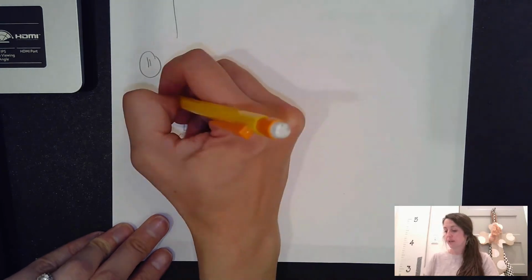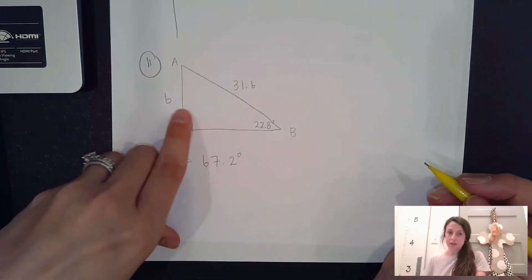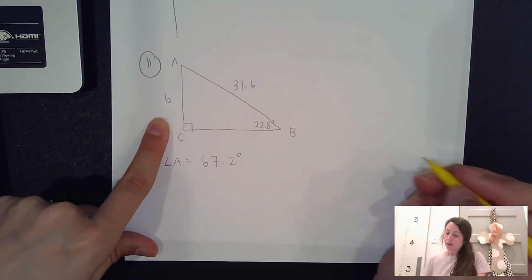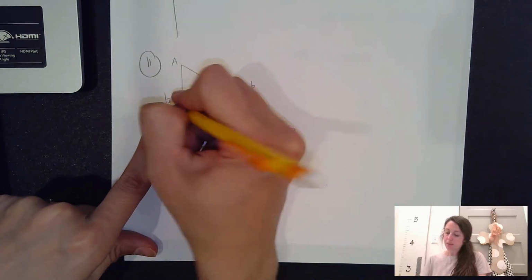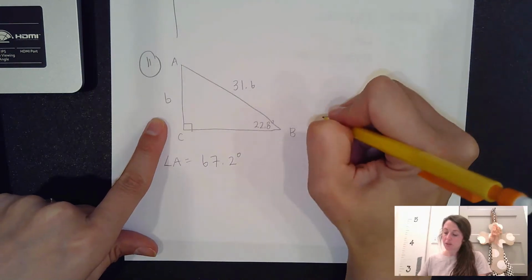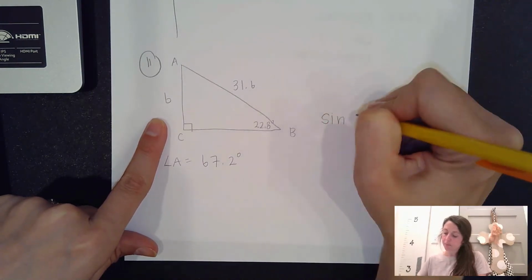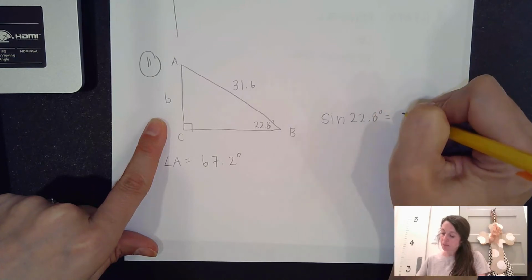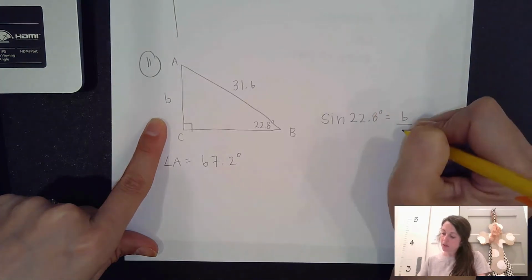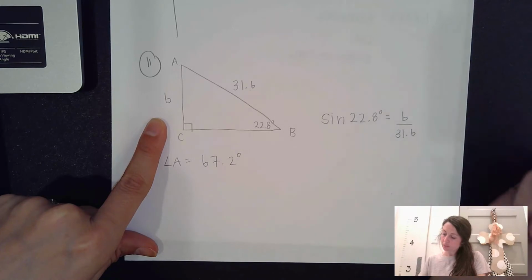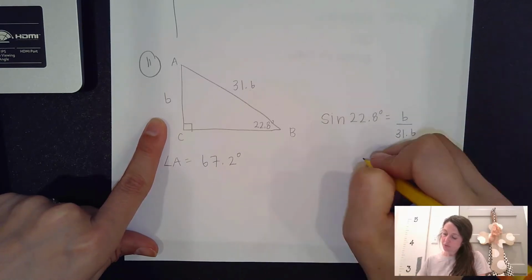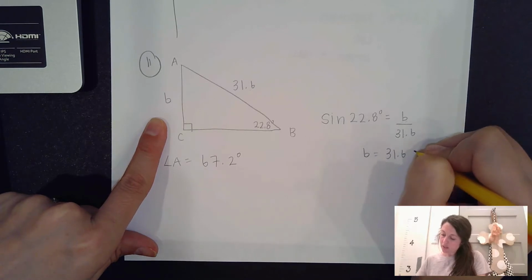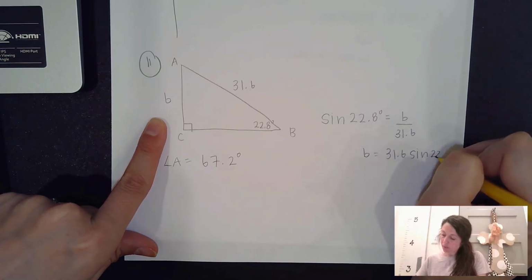I can find side B. Remember, the side is always across from the angle, so side B here, I could find it by saying opposite over hypotenuse. So opposite over hypotenuse is sine. So I could say sine of 22.8 degrees is going to be equal to your opposite side over your hypotenuse side. So to solve for that B there, you'll just say 31.6 times sine of 22.8.